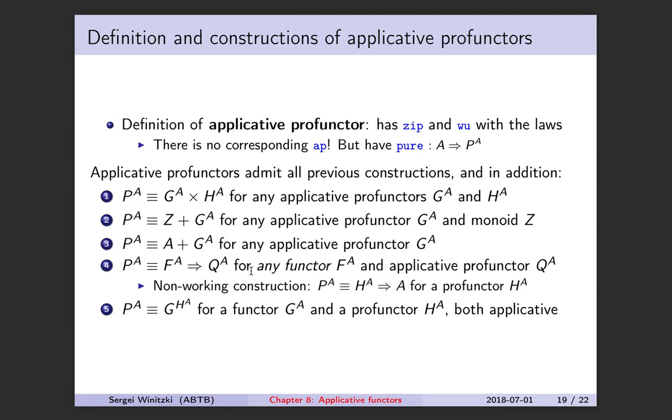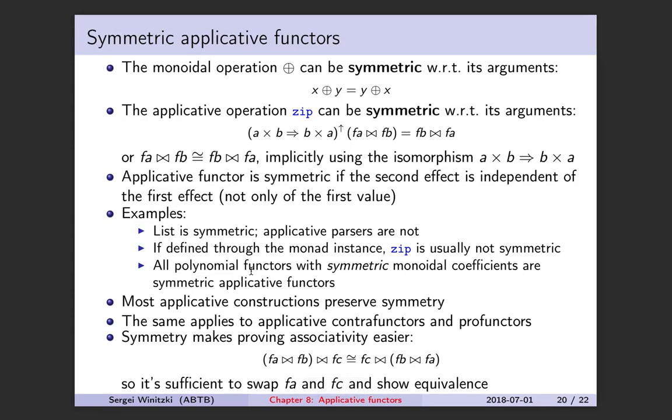Now, I'd like to have a little comment on an interesting property of applicative functors, which is symmetry, or commutativity. But I prefer symmetry because it's not really commutativity. Literally speaking, monoidal operation can be commutative or symmetric with respect to its arguments. It's probably better to say commutative. It's just this property.